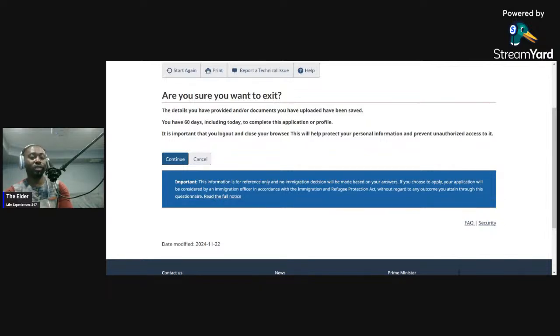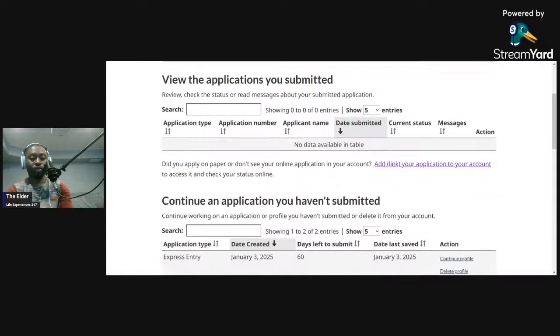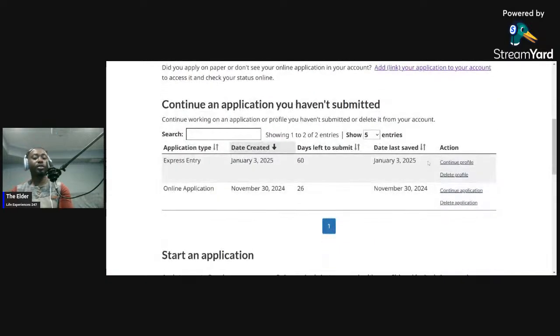But even that should normally take you through, because it will just mean your points will be lower, but it will still take you through. The details you have provided and or documents you have uploaded have not been saved. Continue. So I still have this here and you can still go through.